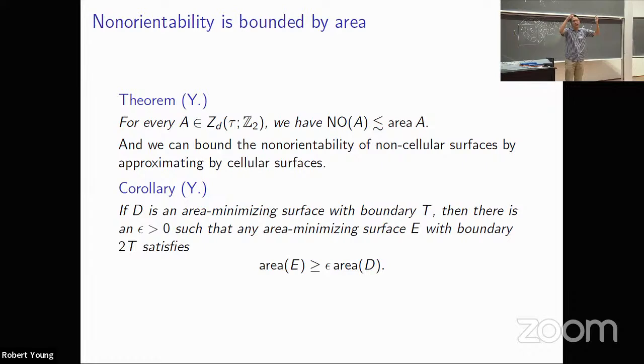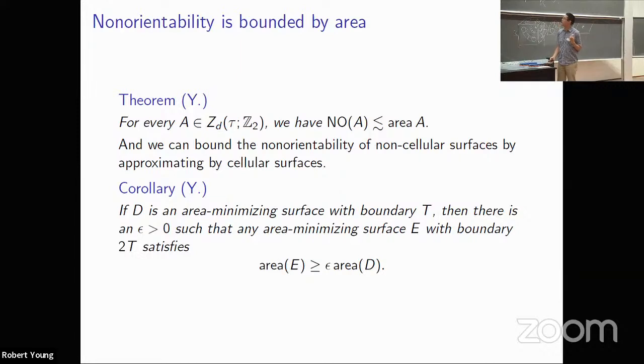So the minimal filling of twice the boundary only has about 1.7 times the area of the original. What this corollary says is that if you double the boundary, the area can't go to 0, which again is much less than what you would expect. You would expect at the very minimum that if you double the boundary, the area of the minimal surface increases. But we don't know that. This is what we know: the area doesn't go to 0.